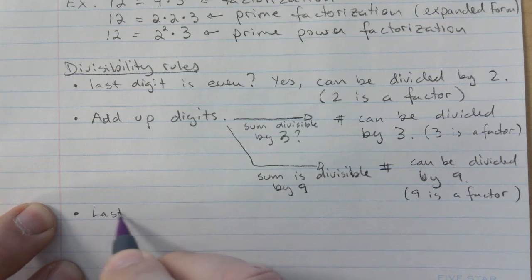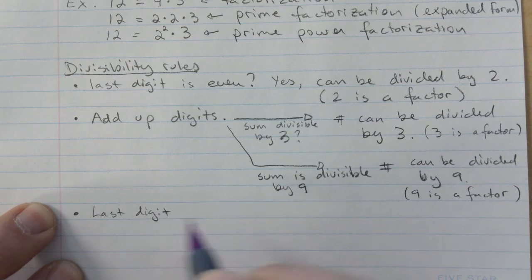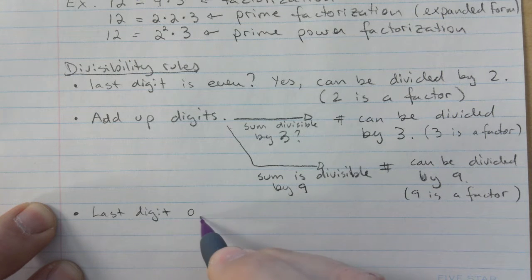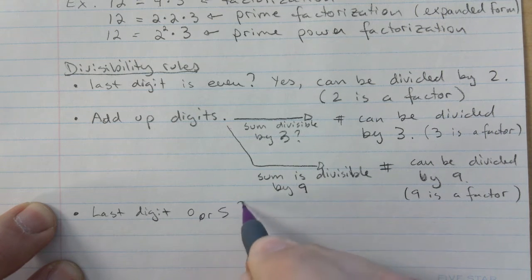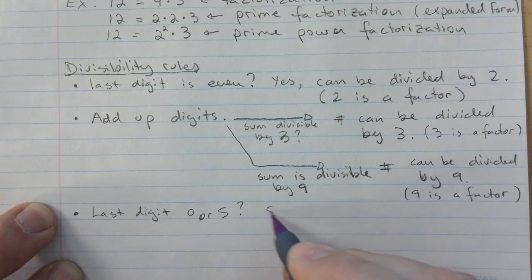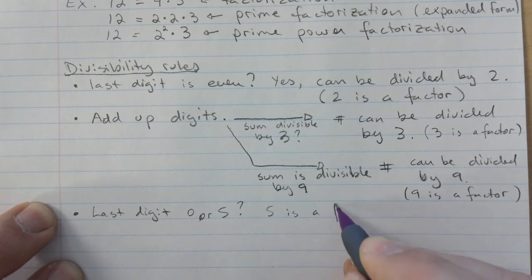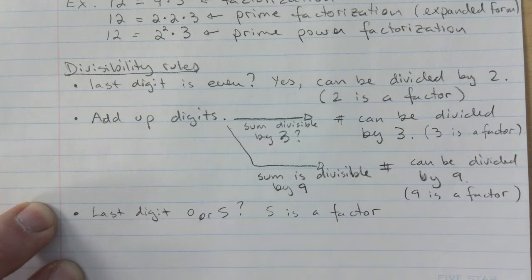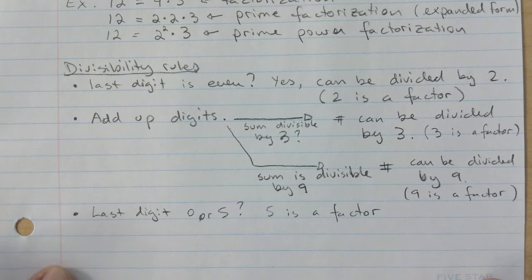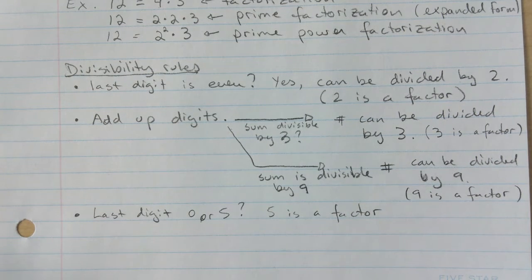And if the last digit, you should all know this one, is 0 or 5, then 5 is a factor, meaning the whole number can be divided by 5. I'm sure that a lot of you or everybody knows that one.